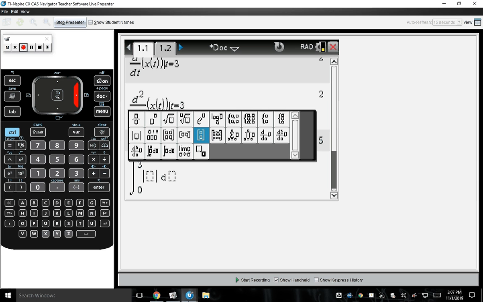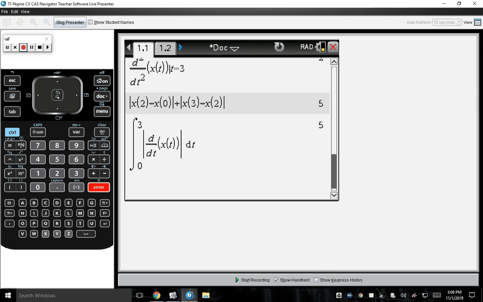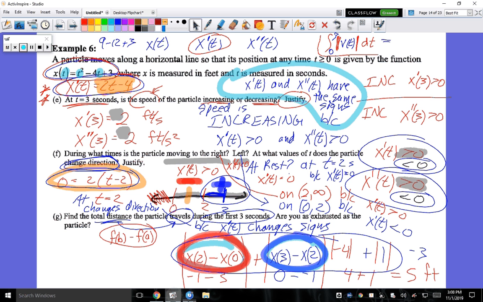So we can come over here and quickly initiate the derivative with respect to time of x of t that we have stored. And yes, you guessed it, at the very end, it's all with respect to t. And I would get 5 very easily. I wouldn't have to do each interval by hand. So yes, you can use that as an extra way to solve for it, but please do not let it replace this information that you're going to have to know how to do by hand.